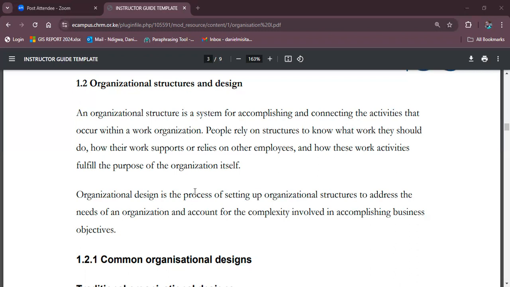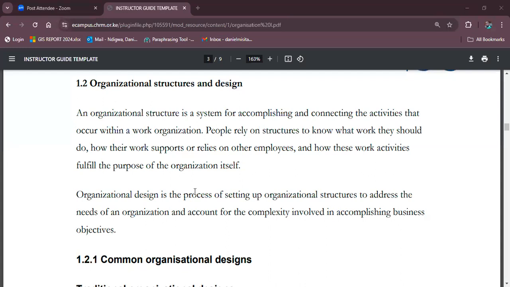So people rely on structures to know what work they should do and how their work supports or relies on other employees. Once you have a good structure in place, it becomes easier for you to know what exactly you are supposed to do in the organization. Once you know your activity, you will not have competing activities, for example where you are in a particular department and you are doing another activity that another department is doing.